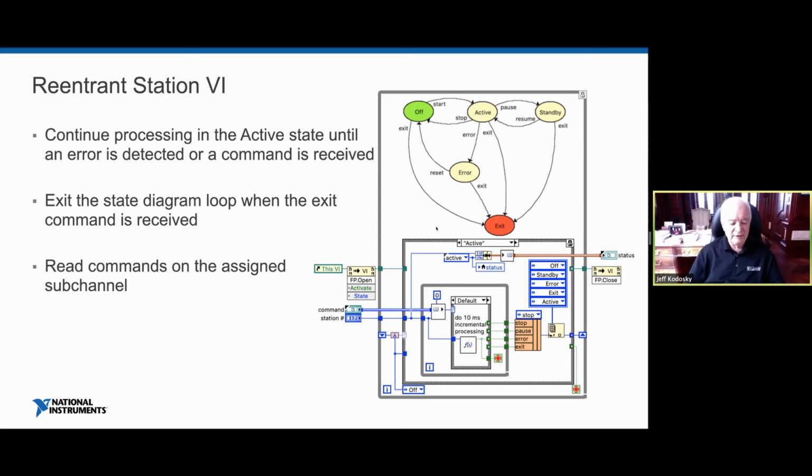Basically, I continue doing 10 millisecond incremental processing while I'm in the active state, and then I exit the active state if I see an error, or if I'm told to pause, stop, or exit.